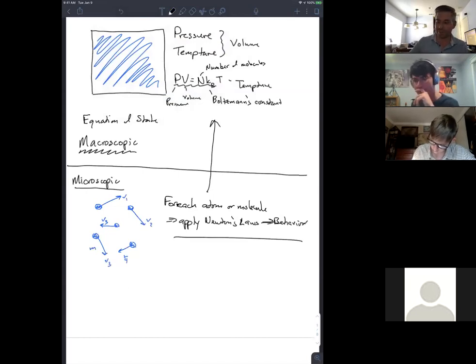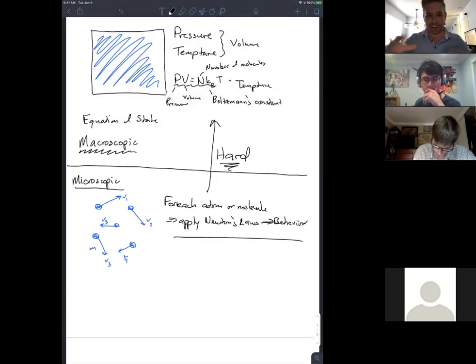That is, from treating these things as little balls, we should be able to predict the pressure, the temperature, and the volume they're going to sit in. Now the problem is that this is extremely hard. Okay, and it's actually really easy to see why it's hard. It's hard essentially because atoms and molecules are so damn tiny.